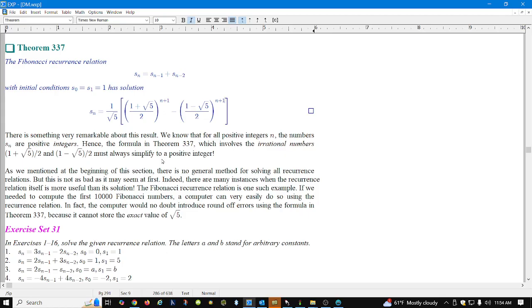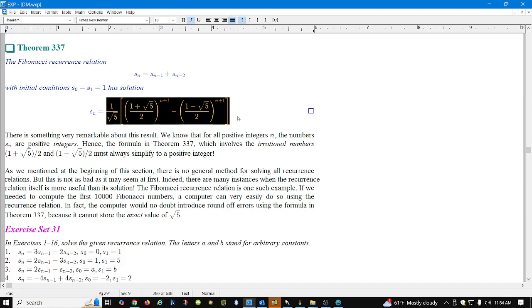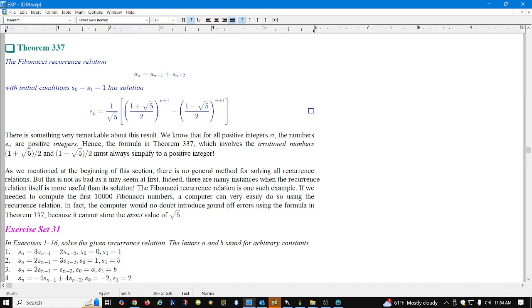Well, you'd use a computer. But you don't want to feed the computer this formula, because as soon as it sees the square root of 5, it's going to start to smoke. It cannot represent that number exactly in computer memory. So you immediately will introduce rounding errors or precision errors, and the values you'll get for Sn will be unreliable.